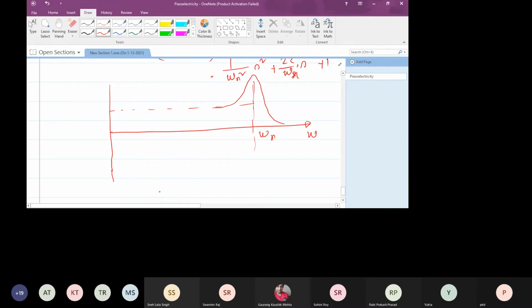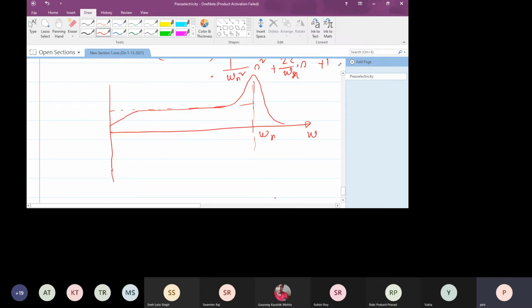Near low frequency its frequency response will drop because of the transfer function, where Cn and Cc, the cable capacitance, are coming into the picture, and we are transferring this current to voltage.